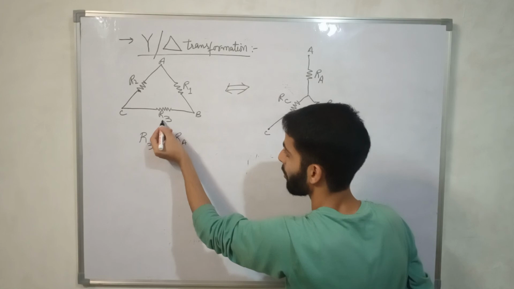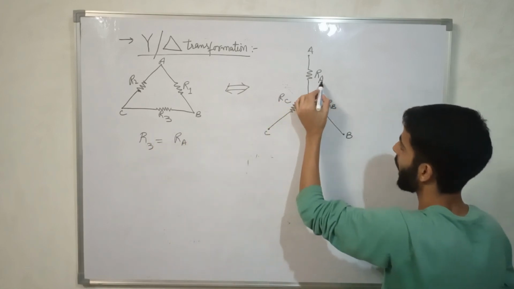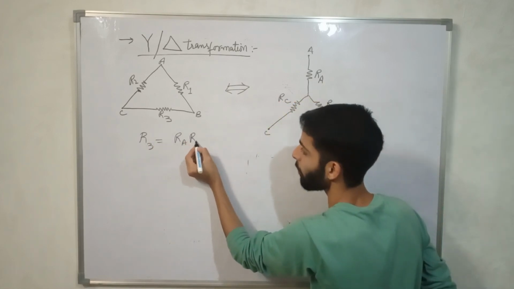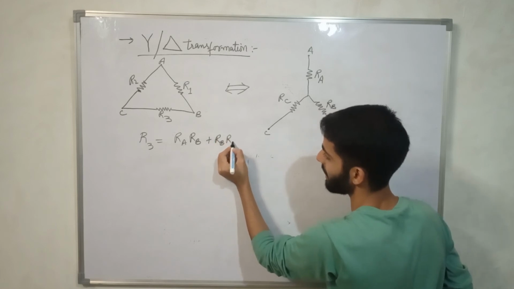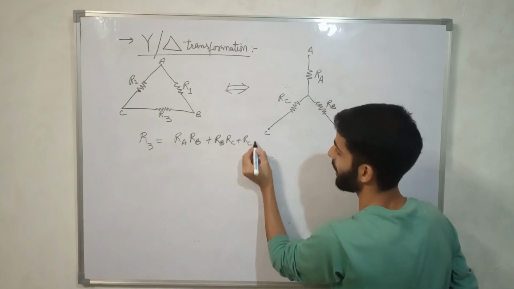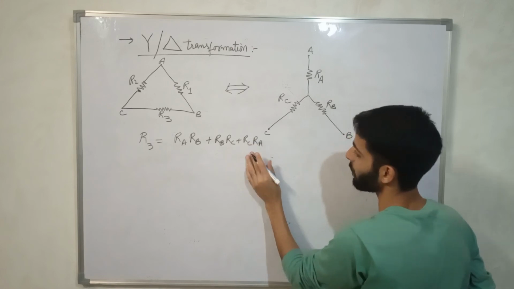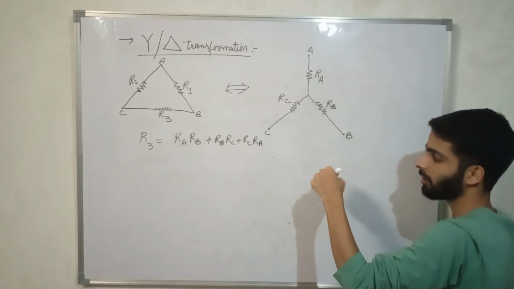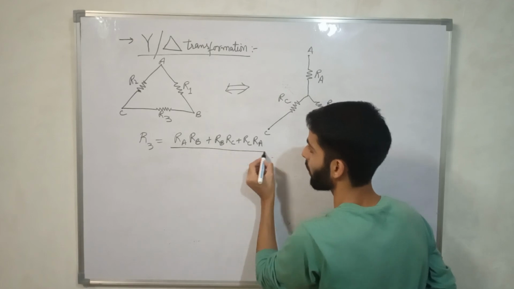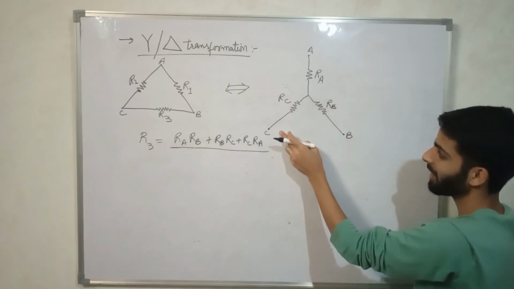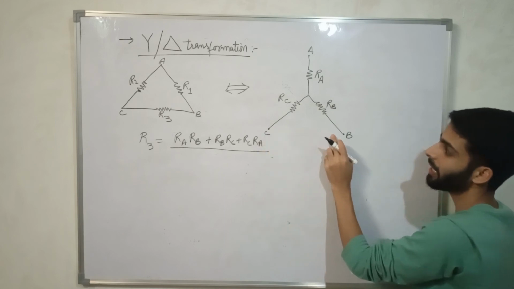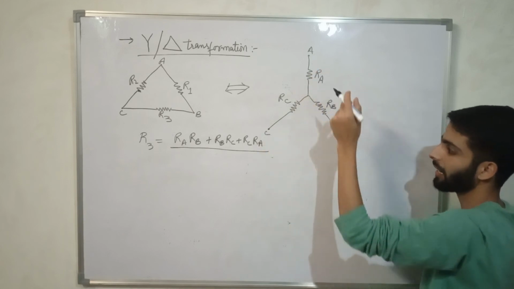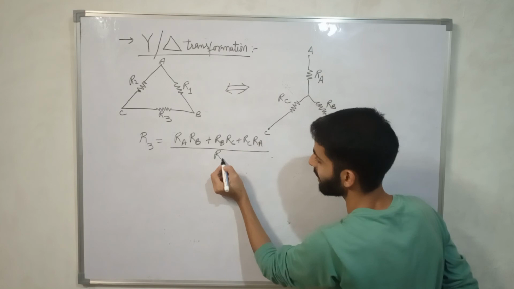So R3 will equal RA RB plus RB RC plus RC RA, which is a circular fashion, clockwise, divided by RA, the resistance opposite to R3.